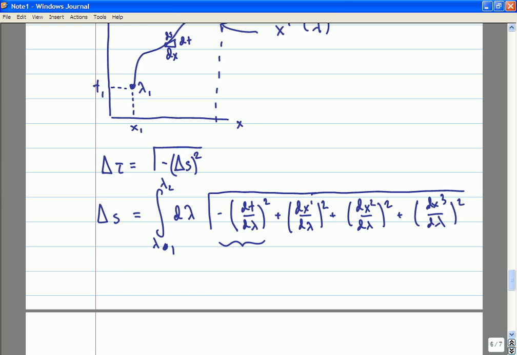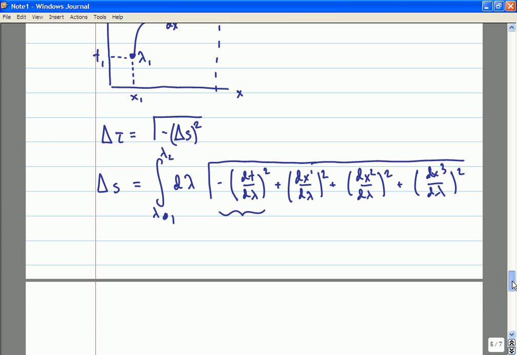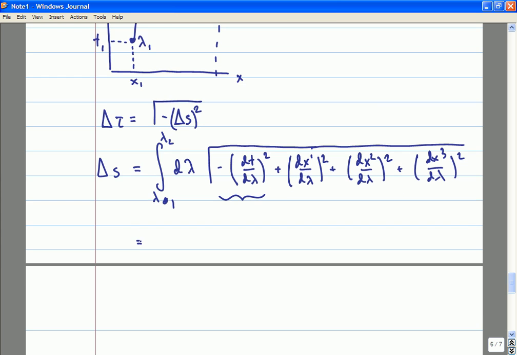So if I wanted to write this a little more succinctly, I would just write this as the integral d lambda of the square root of eta mu nu dx mu d lambda dx nu d lambda, where dx mu by d lambda is just the set of 4 derivatives of the coordinates x mu with respect to lambda.